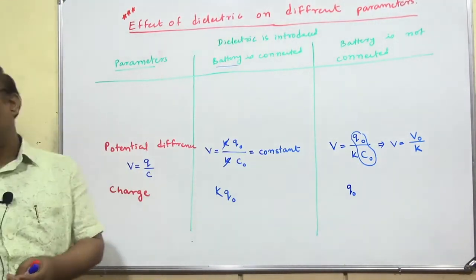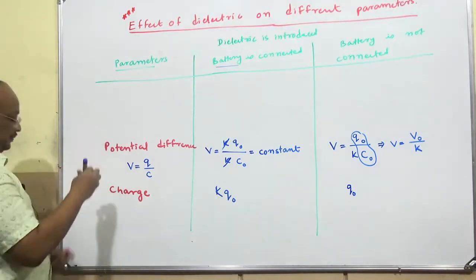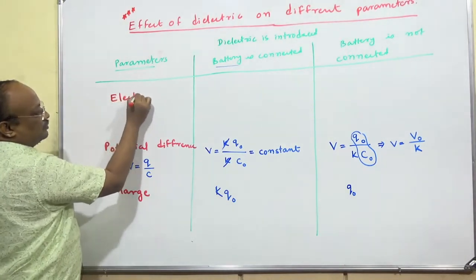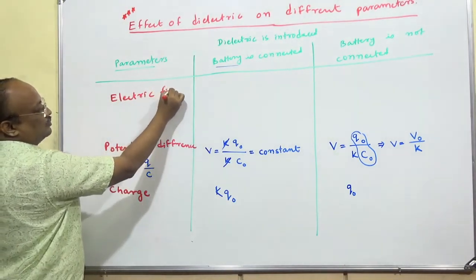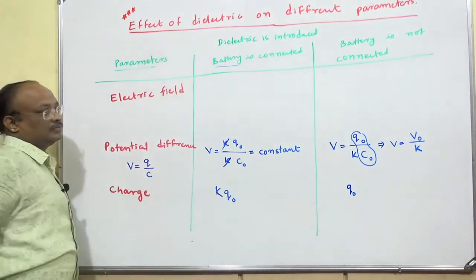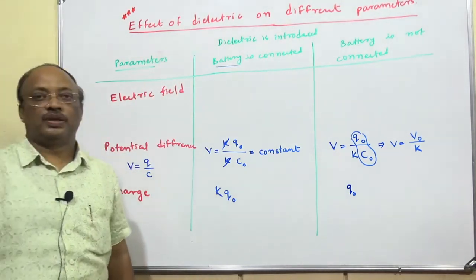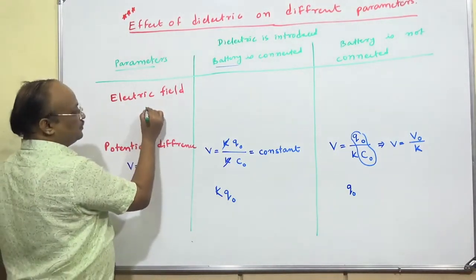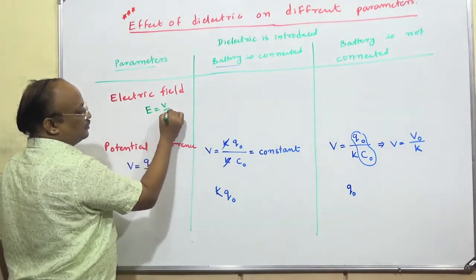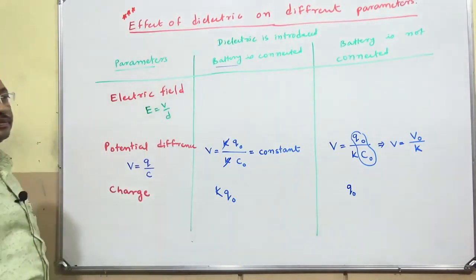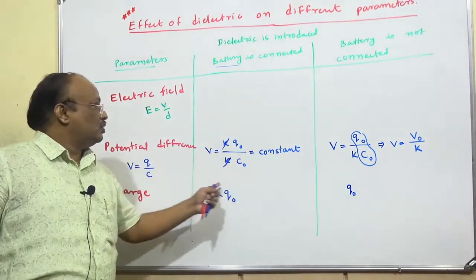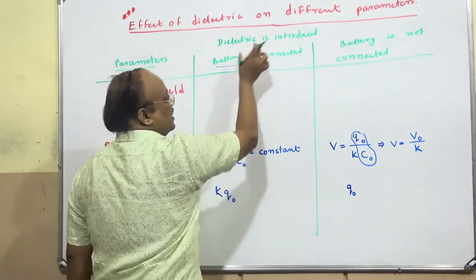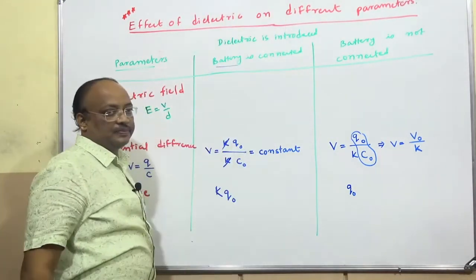So what happens to the electric field? So E is equal to V by D. What happens to the electric field when a dielectric is introduced and a battery is connected?